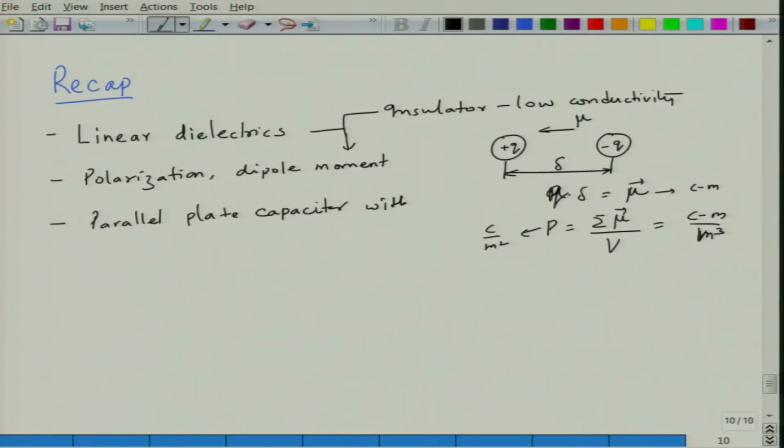Then we looked at the case of a parallel plate capacitor with a dielectric. There we found that if you have a dielectric material with strength kappa or epsilon r, which is more than 1, when you insert it in a parallel plate capacitor, it enhances the capacitance by the amount epsilon r or kappa multiplied by C naught. C naught is the capacitance of the parallel plate capacitor in vacuum, free space, and epsilon r is the dielectric permittivity or dielectric constant.